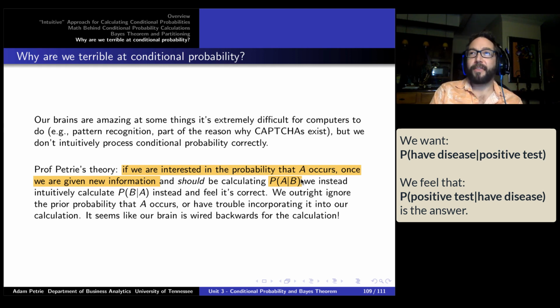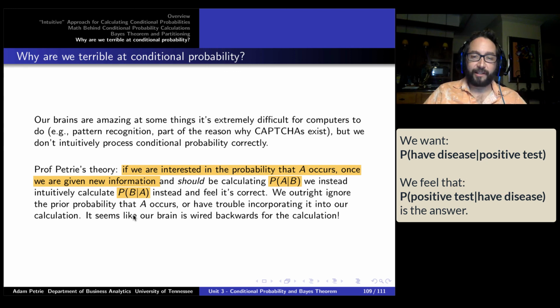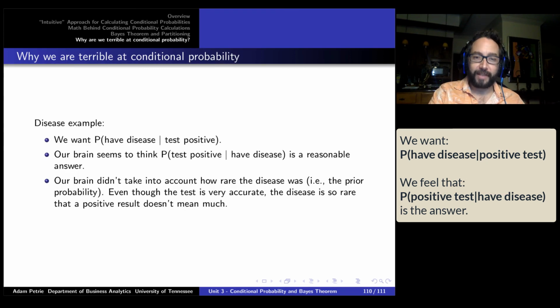But here's where I think our brain messes us up. We want the probability of A given B, but we intuitively look at the reverse. We flip the conditional, we get that number, and we just instinctually feel like that's correct. So 2 examples. We wanted the probability that we had the disease given that we tested positive.